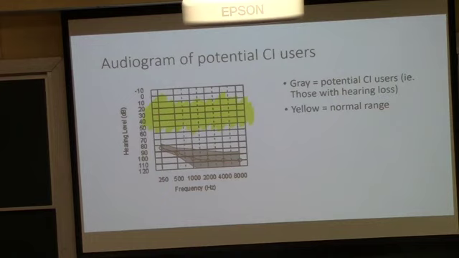Moving forward, the audiogram of a potential CI user: what I shaded in yellow is your normal range, or your fun little speech banana, as some would call it. And then the bottom gray is somebody who might need a cochlear implant.